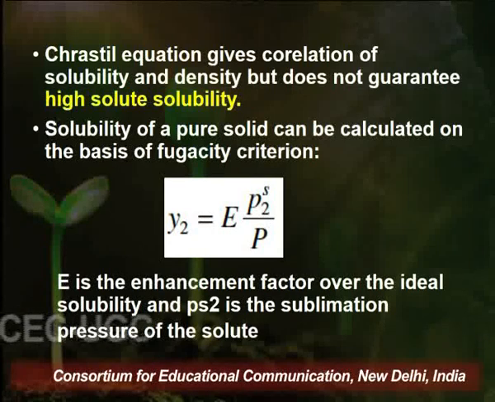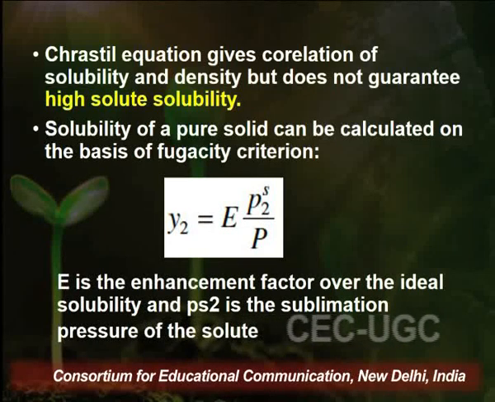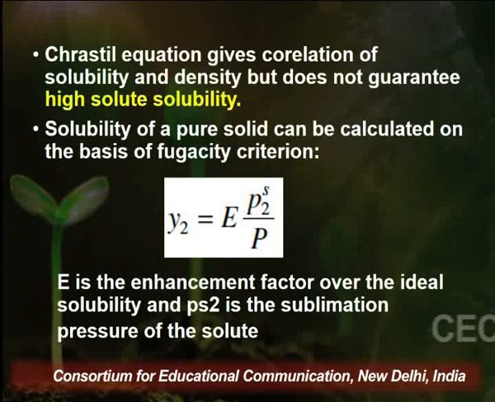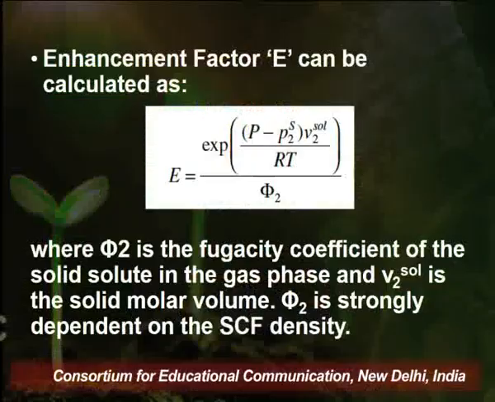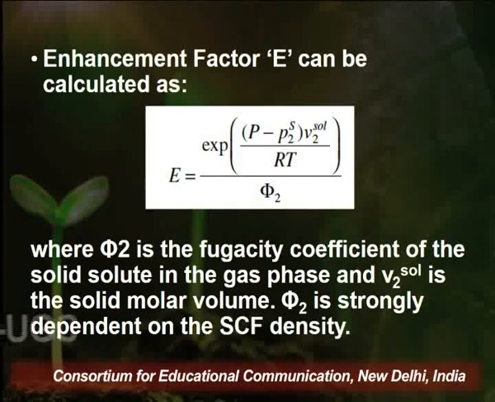Enhancement factor is the enhanced solubility of a substance under critical conditions with respect to its solubility under standard conditions. Now we can always calculate this enhancement factor by using this equation, and by seeing this equation we can easily correlate that the enhancement factor is inversely proportional to the fugacity of the solvent, which is represented by phi 1.